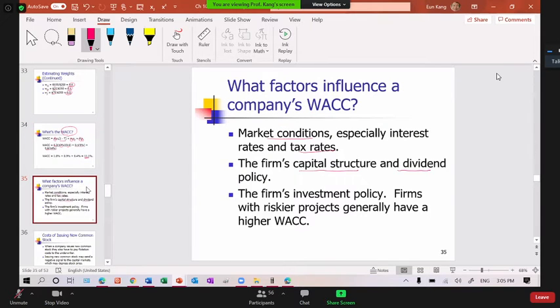And dividend policy definitely affects cost of equity. And the firm's investment policy, that is what? If you have riskier projects, then cost of equity will be higher, then you will have higher WACC. So each component will affect WACC.